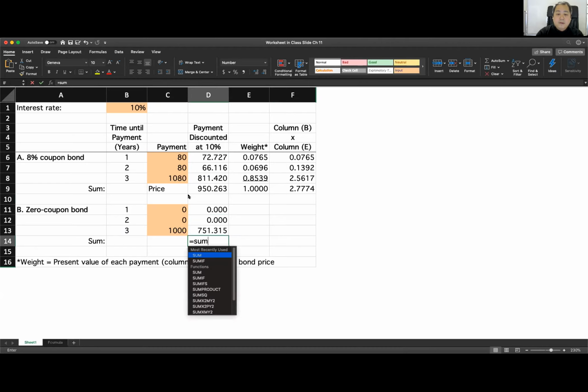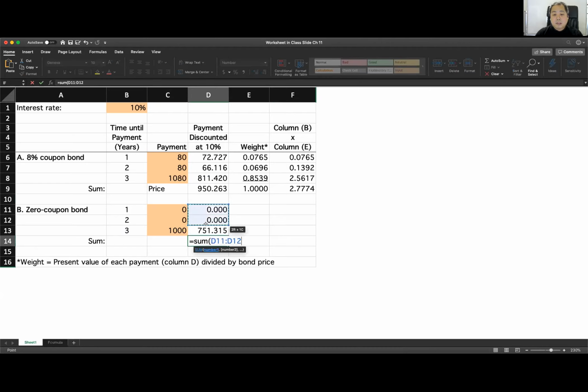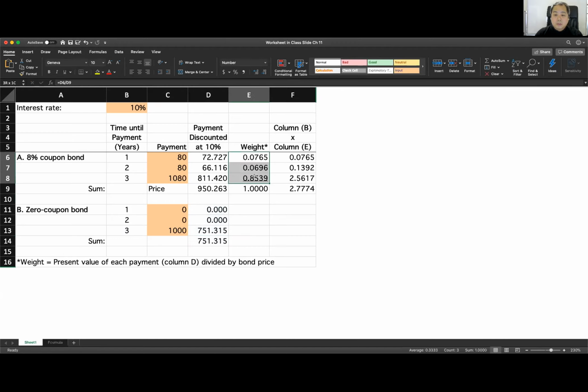If you add them up, that's the price, and the price is exactly the present value of the last year cash flow. So the weight is also simple: 0, 0, 1, so the sum should be 1, right?